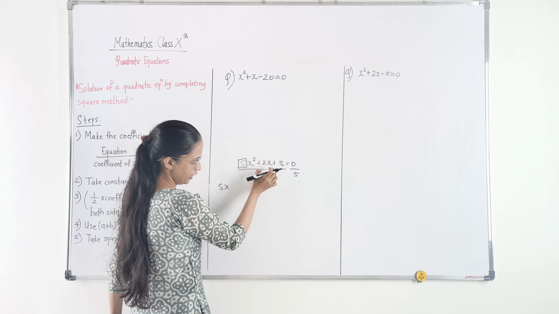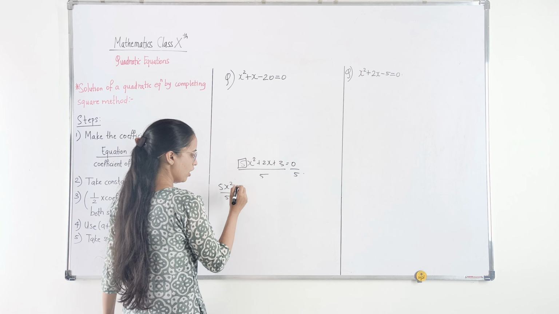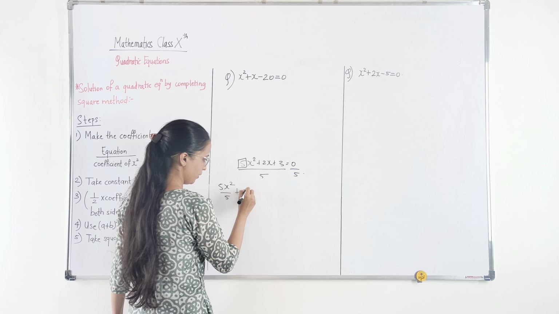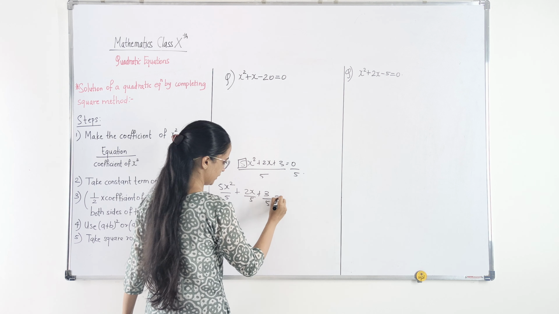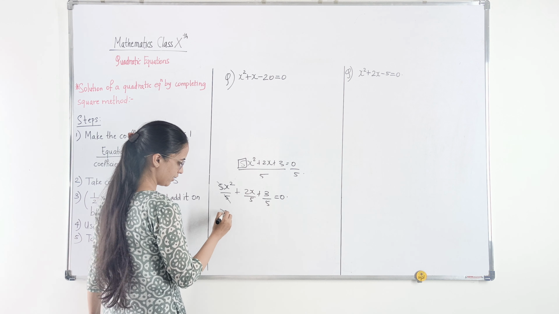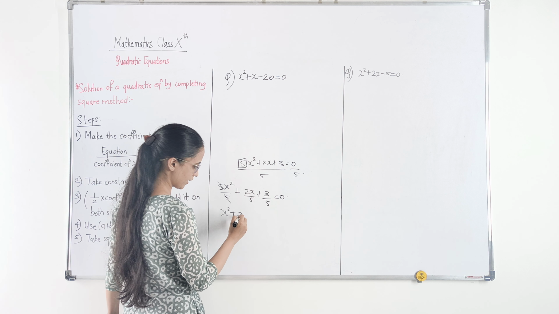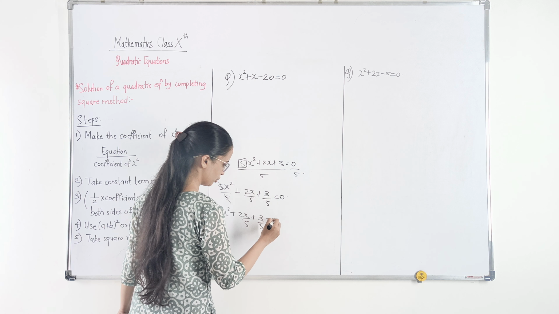So, each term gets the denominator. That is why we would have 5x square upon 5 plus 2x upon 5 plus 3 upon 5 equals to 0. Now here the numerator and the denominator get cancelled and the resultant equation that we get is x square plus 2x upon 5 plus 3 upon 5 equals to 0.